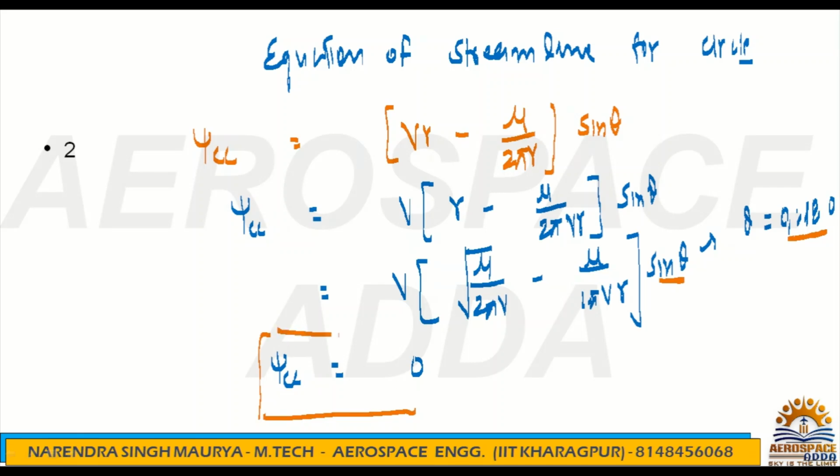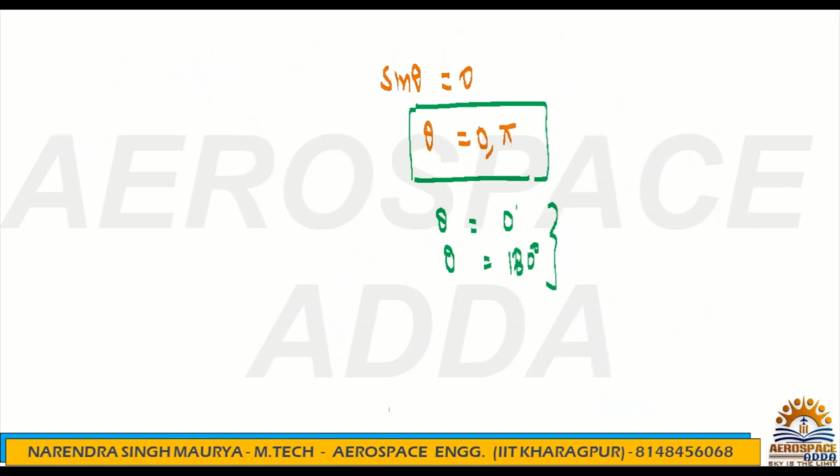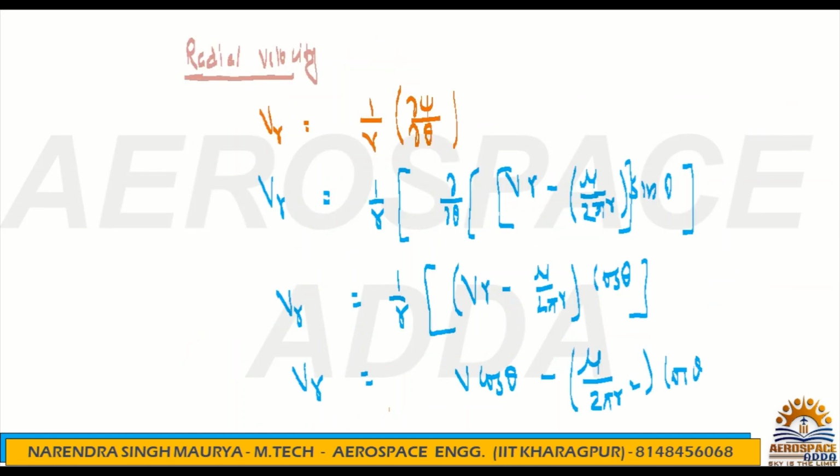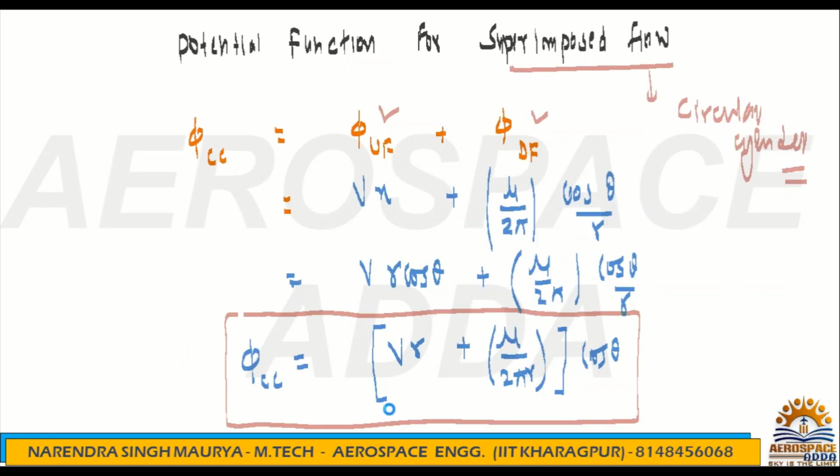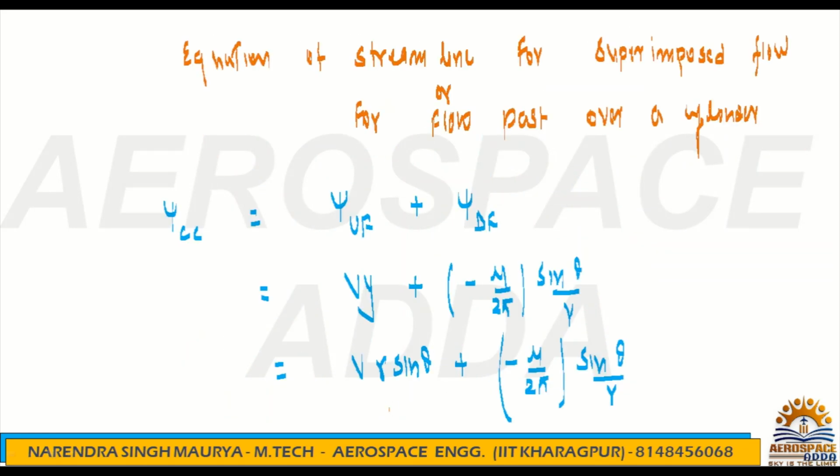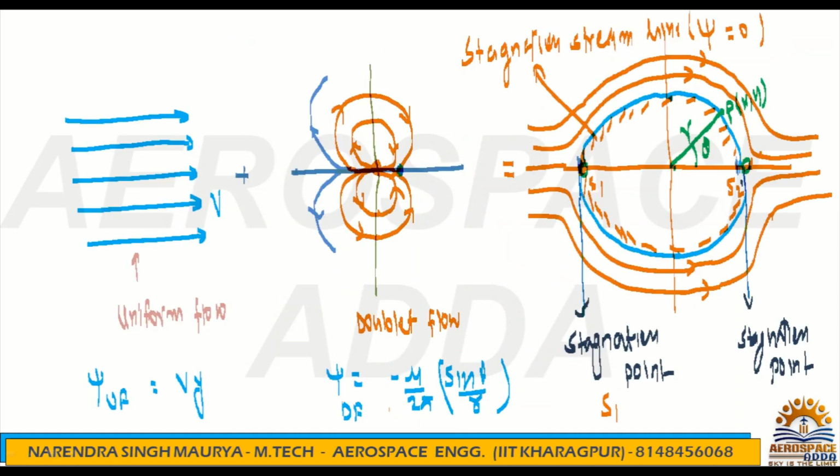For that reason I told you that whatever circle you get in the flow pattern will be treated as a solid surface. That means it will not allow flow from inside to outside or outside to inside.